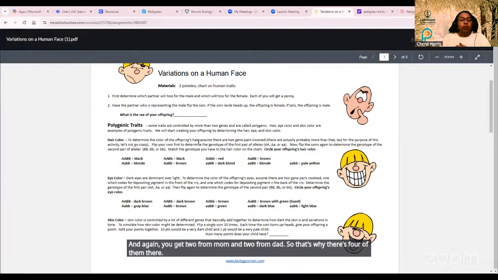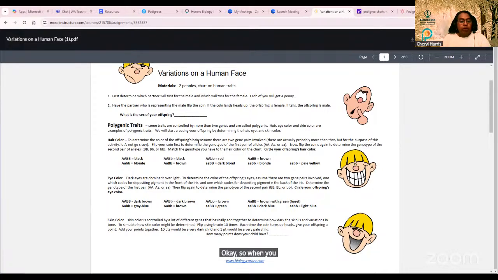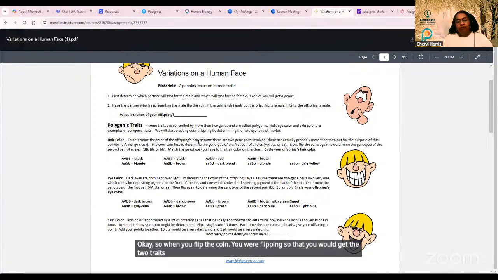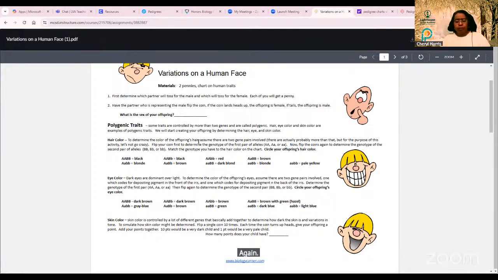Okay. So when you flip the coin, you were flipping so that you would get the two traits from mom, and then flip the coin again for the two traits you're going to get from dad as far as the A is concerned. And then you flip again for the B traits.